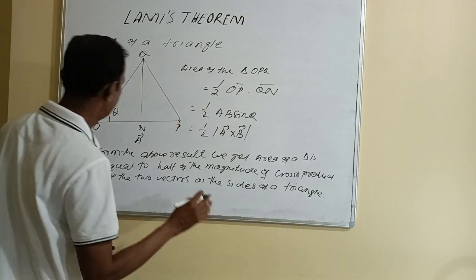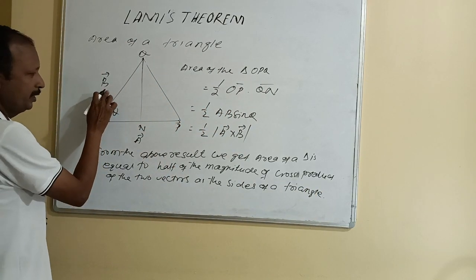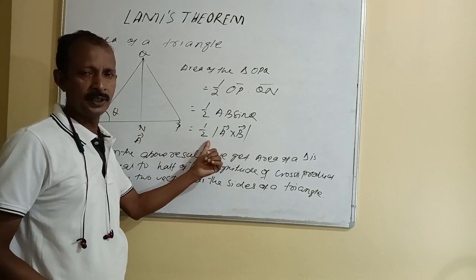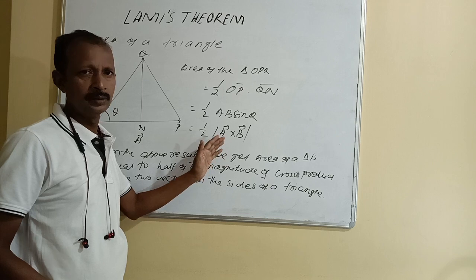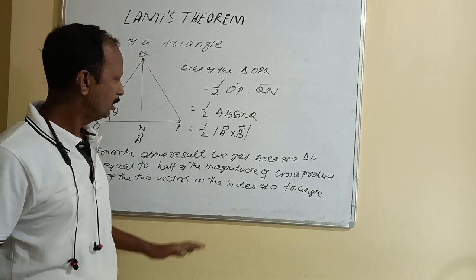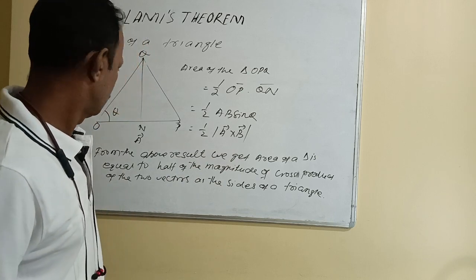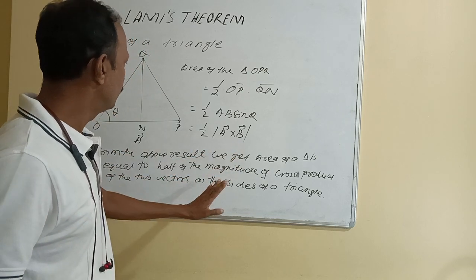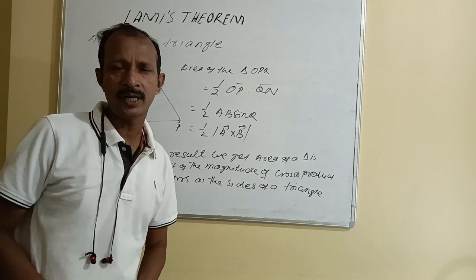See that vector A and vector B are the sides of a triangle. Half of the magnitude of the cross product of two vectors A and B is the area of a triangle.